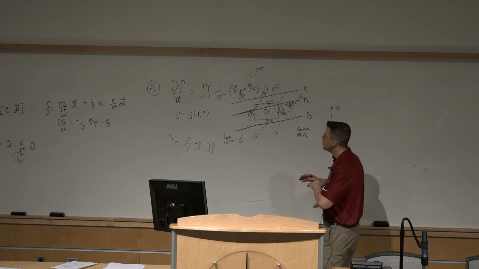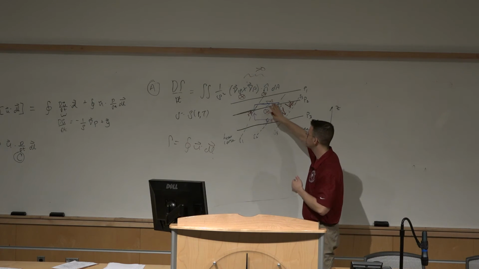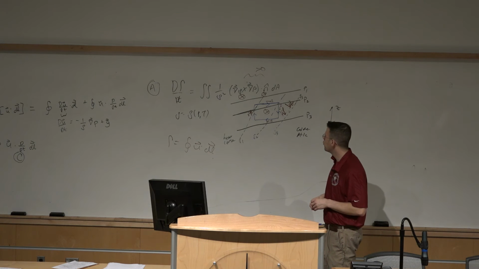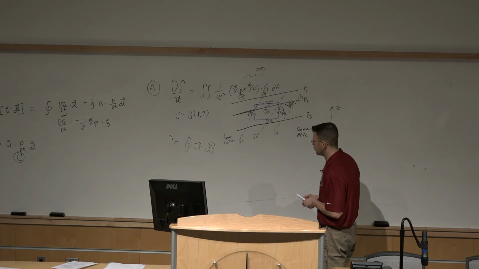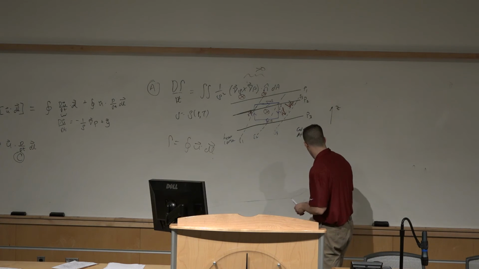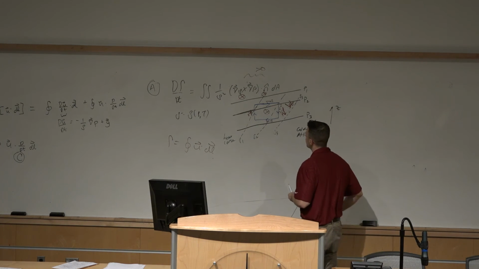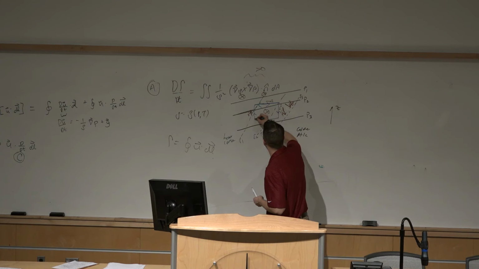Now, we arbitrarily chose to go around our closed loop clockwise. We could have chosen, in this particular case, let's do this over here in green, to go counterclockwise, which I'll show like this.